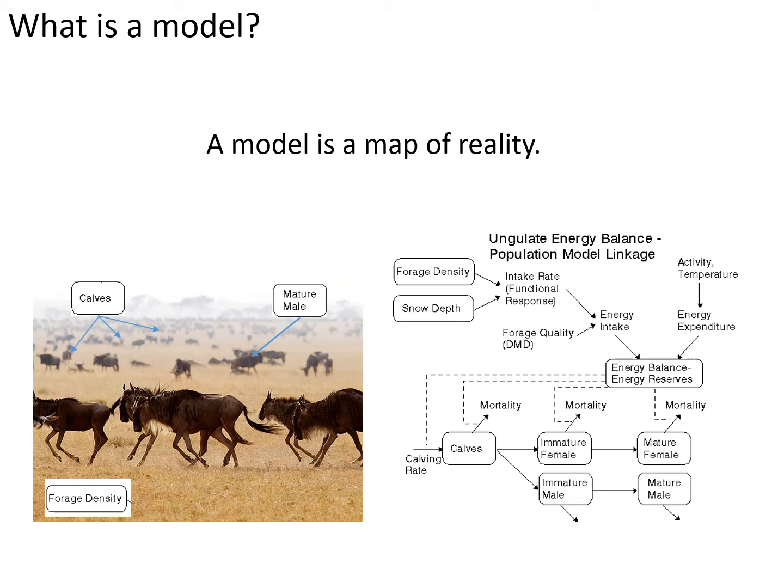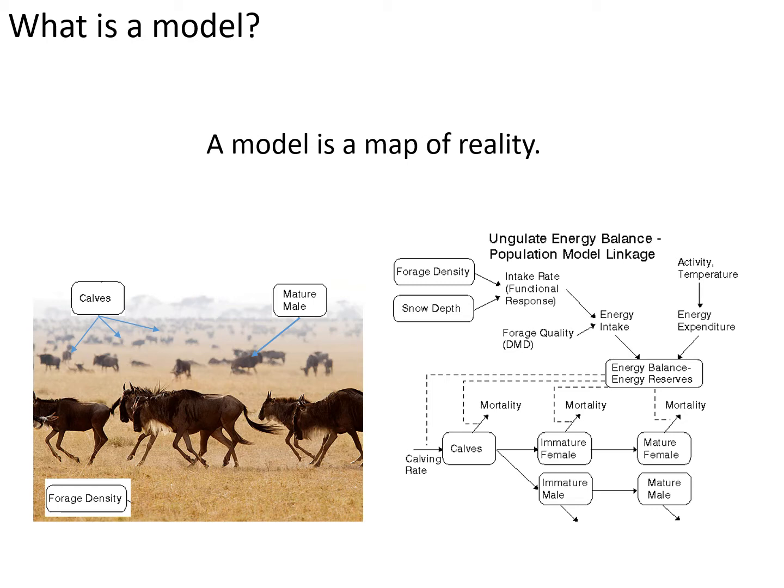And on the right, here is this abstracted model that you could make to try to link the herbivores with the availability of forage. So abstracting out of observations similar to the ones made in that photo on the left, you might come up with relationships over a time series of forage density.